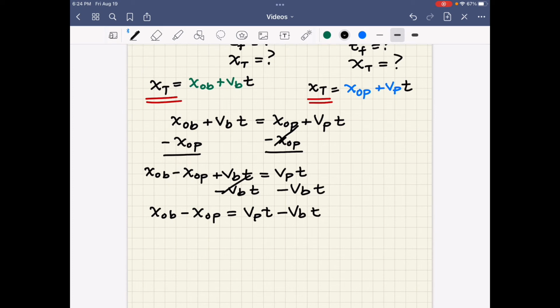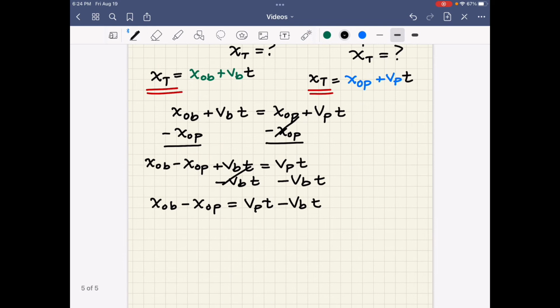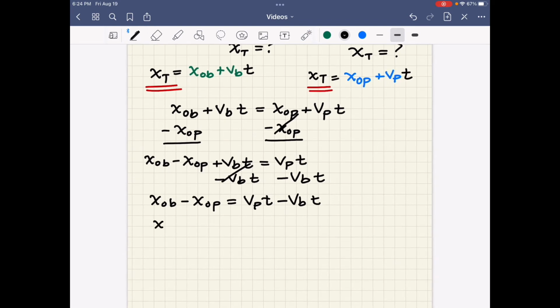Now I have both times, or t's, on the same side, and I can, yes, you guessed it, factor. Okay, I can factor. Well, that's cool. I didn't know I could do that. Now let's factor out this one. It'll read like this: x naught boat minus x naught p is equal to t times velocity p minus velocity b.